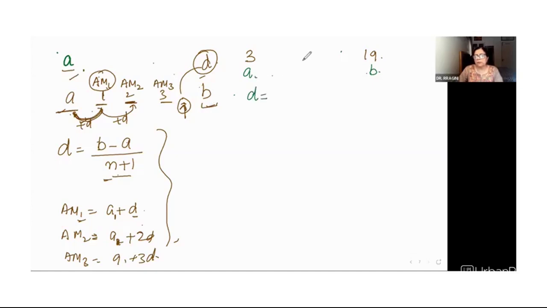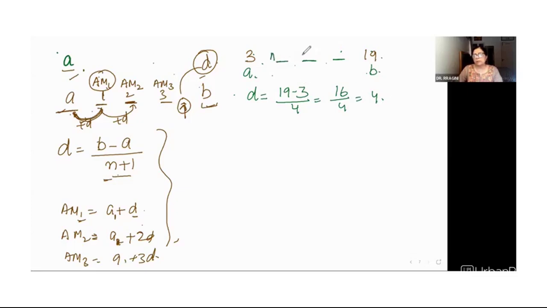We have to insert three numbers, right? So the value of D is (B minus A), 19 minus 3, and this whole interval has to be divided into 1, 2, 3, 4. 19 minus 3 is 16, divided by 4 is 4. So the common difference here comes out to be 4.